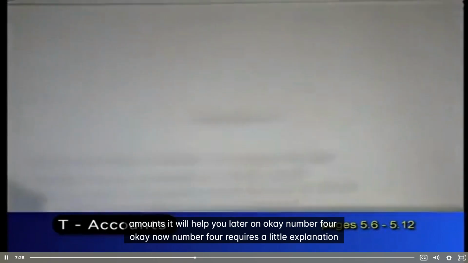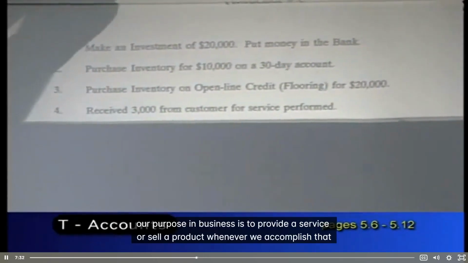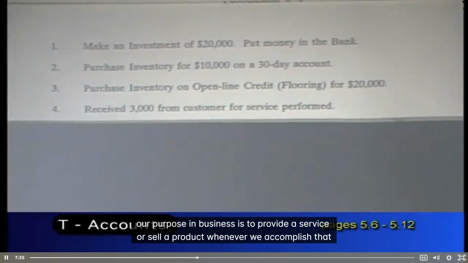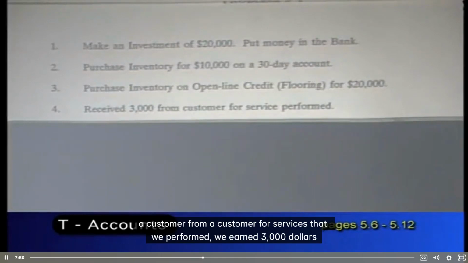Okay, now number 4 requires a little explanation. Our purpose in business is to provide a service or sell a product. Whenever we accomplish that, we have earned something. Okay? So, in this case, we received $3,000 from a customer for services that we performed.